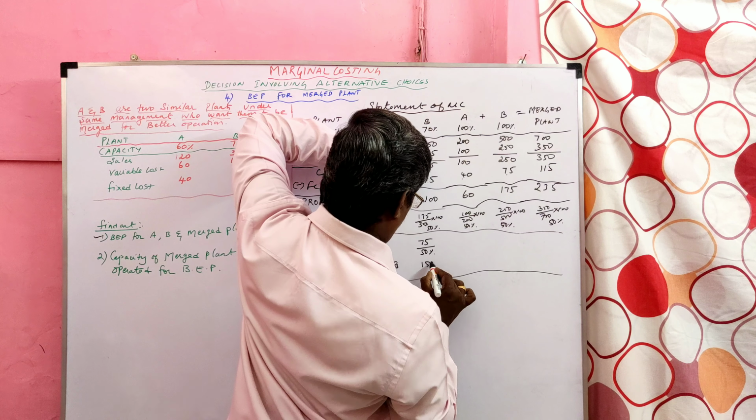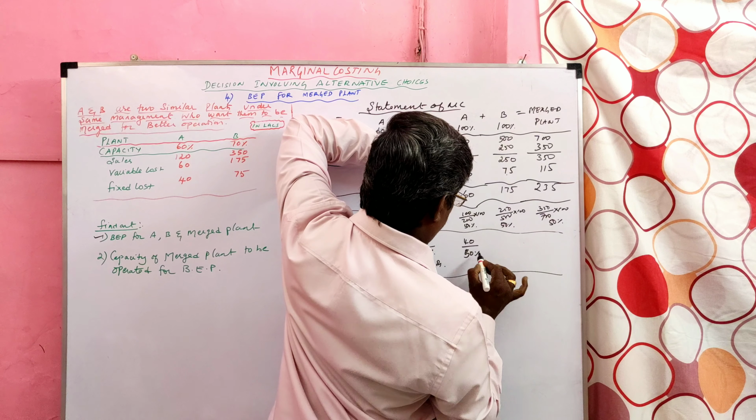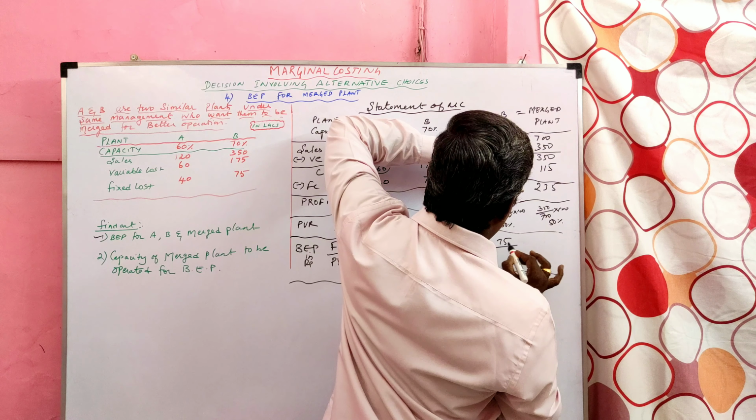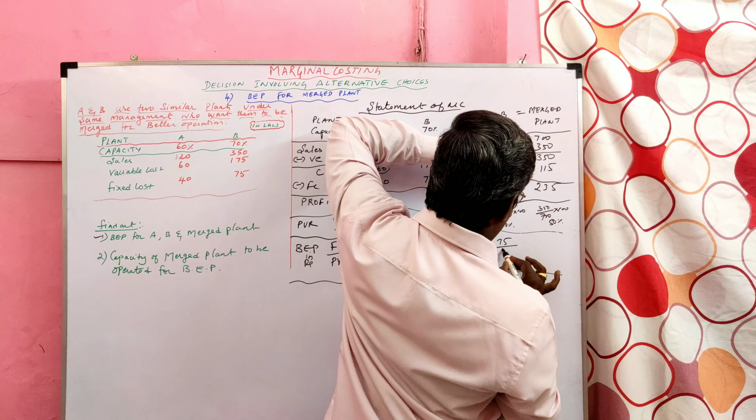For the merged plant, fixed cost 115 divided by 50% equals 230. So merged plant BEP is 230 rupees.